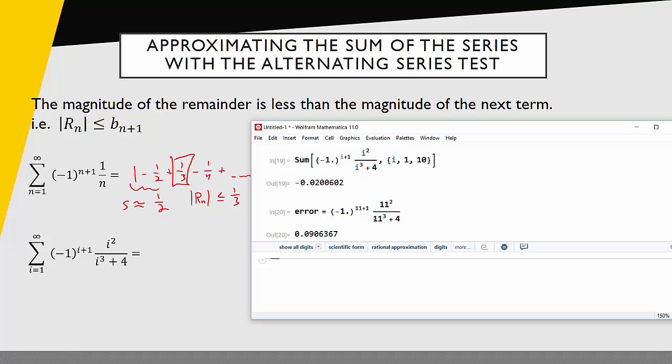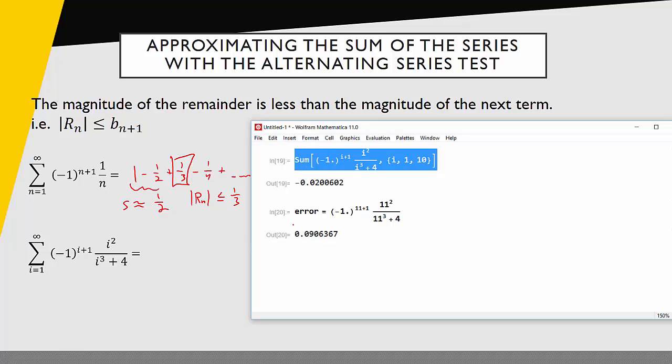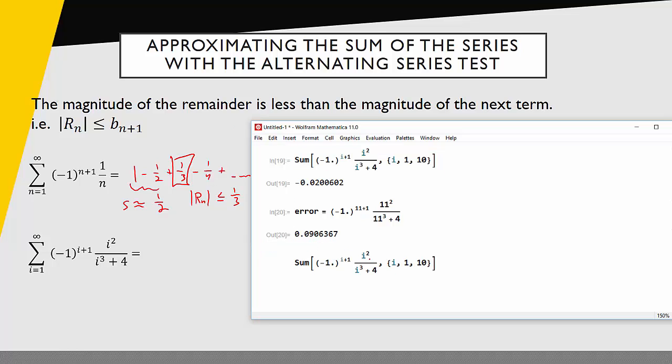And now actually in Mathematica, we can calculate the exact value of this sum just to verify that we're going through our process correctly. So if I simply change this last piece to infinity, Mathematica is powerful enough to be able to calculate that exactly. And so this just helps me confirm my answer.